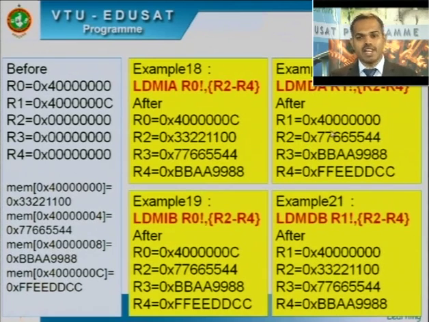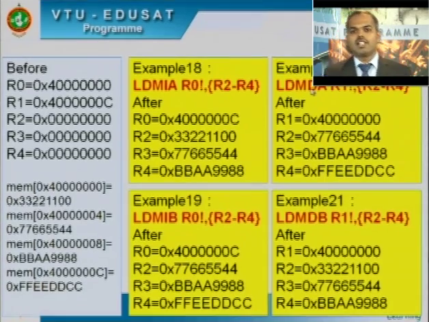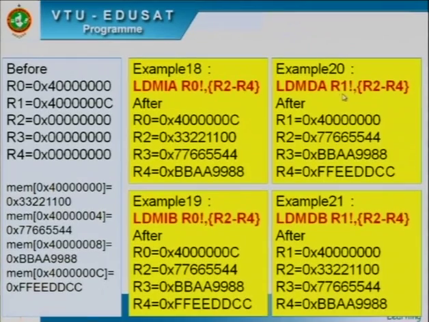Once it gets copied, it decrements again because it is decrement after. So in LDMDA, the R1 value is 4 followed by 6 zeros and C. The content at that address is copied to R4, and then the address decrements and the memory content is copied to R3.